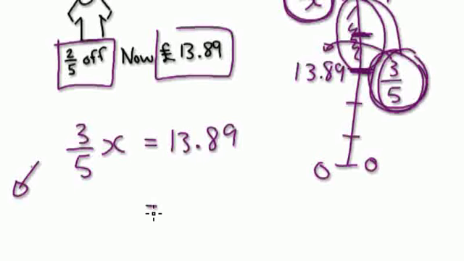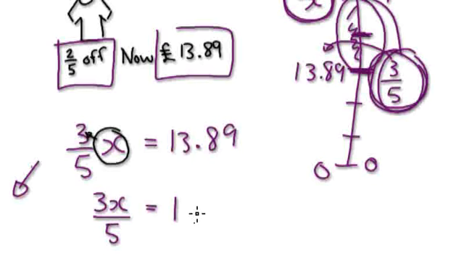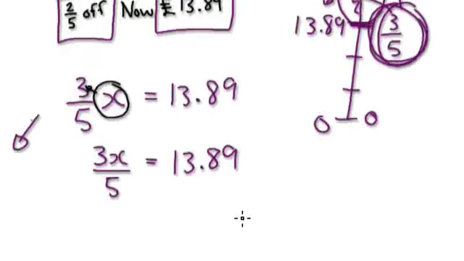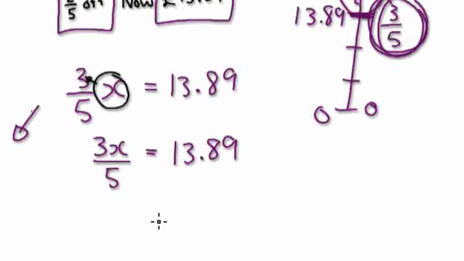Okay, so now, when you times a fraction, it gets multiplied to the top. So I'm going to visualize this as 3x/5 equals 13.89. Okay, so now it's just a matter of keeping an eye on x and trying to solve x.